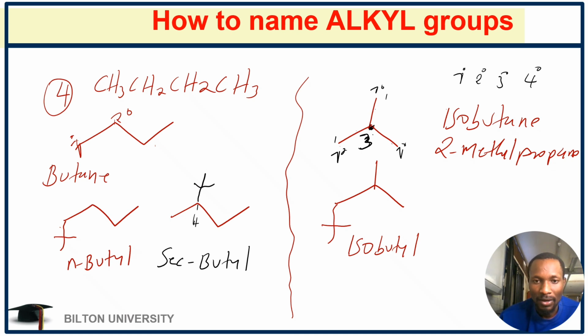What if now, in this same isobutane, something else is being bonded to the tertiary carbon? We are going to call it tert-butyl.